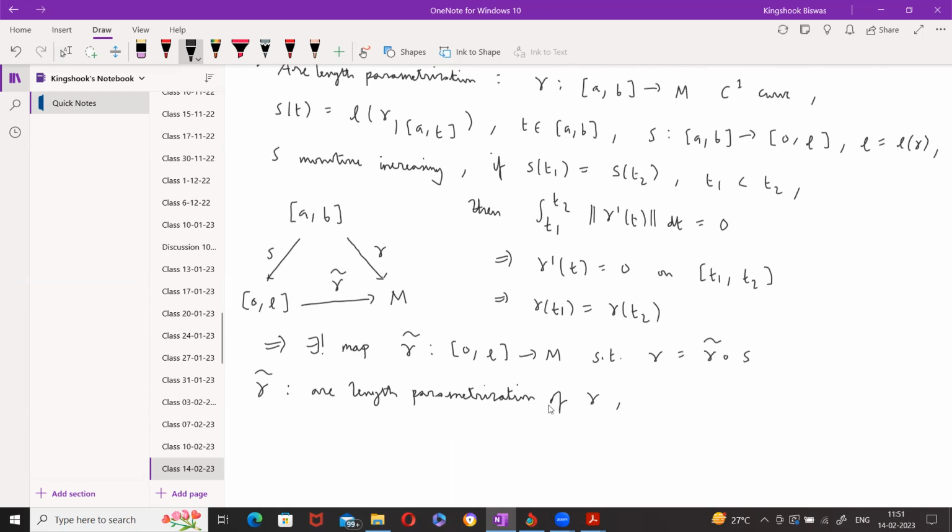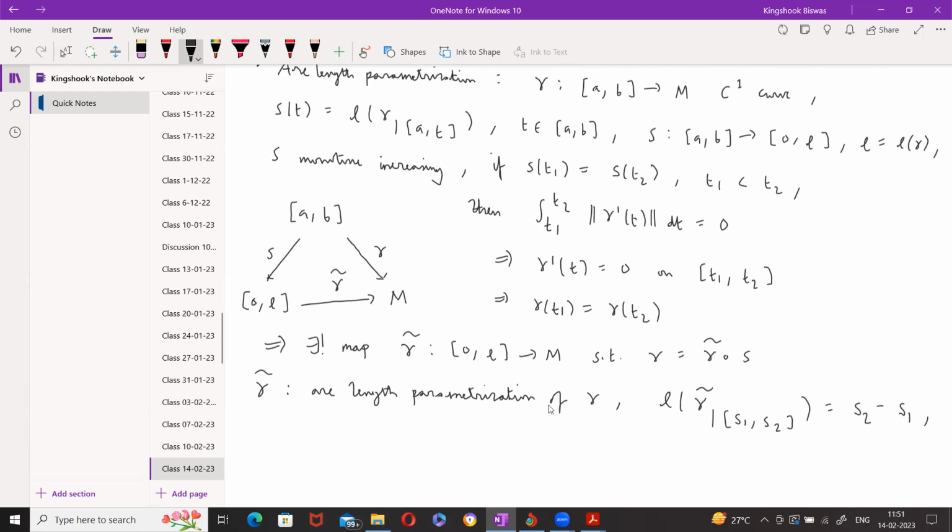Because it satisfies that the length of gamma tilde on an interval S1, S2 is equal to S2 minus S1. Okay.